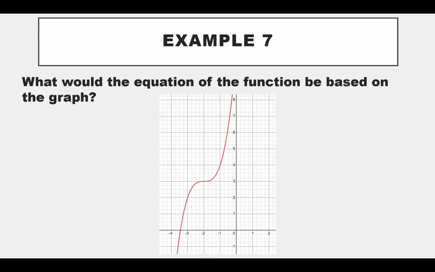Now we can do this process in reverse as well. If I look at the graph of a function, I can see what type of function this is, and then based on the transformations that I see, I can find the equation for the function based on the graph.